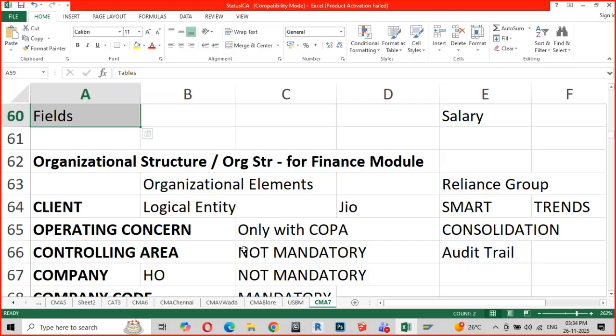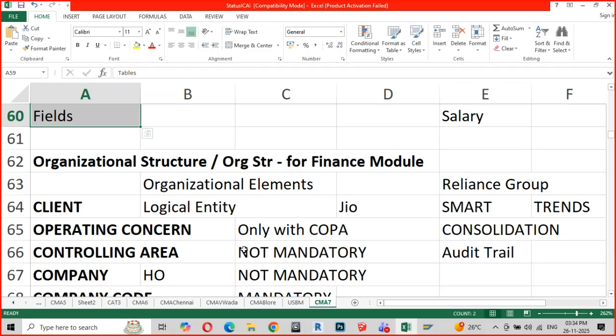Now, what are the other components of your organization structure as far as your FICO module is concerned? You have various other concepts, like something called an operating concern. Operating concern is not mandatory.